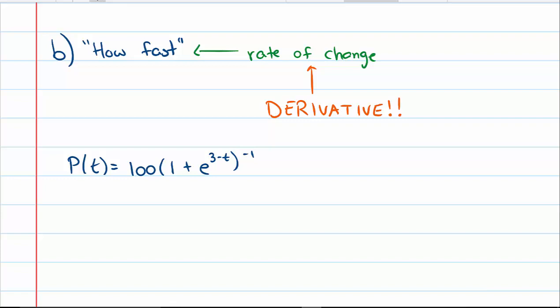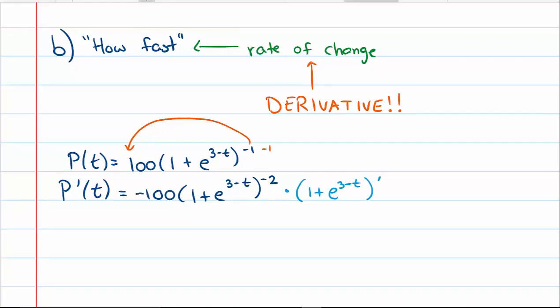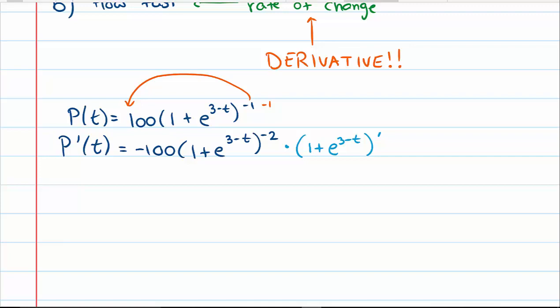So then from here, we're going to take the derivative. So p prime of t. This exponent is going to come down to the front, and then we're going to minus 1. So we get negative 100, 1 plus e to the 3 minus t to the negative 2, and then we need to multiply by the derivative of 1 plus e to the 3 minus t. Okay?